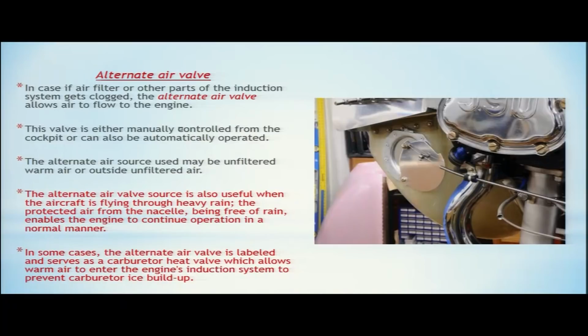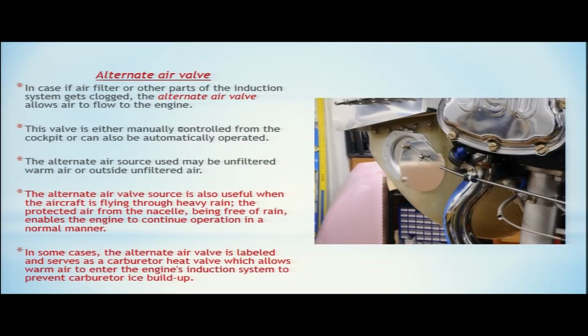Since the alternate air can be warm engine air, the air coming through the alternate air valve is free of rain, and it enables the engine to continue operation normally.